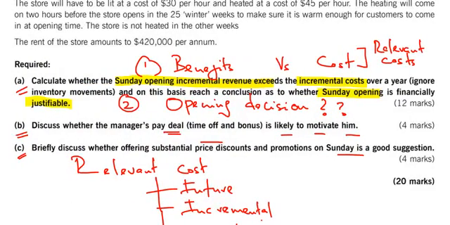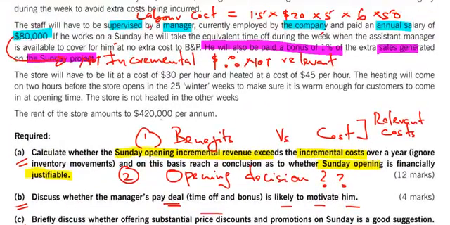Let's move on. Next paragraph. The store will have to be lit at a cost of $30 per hour. So we have lighting cost, $30 per hour, and heated. So we have heating costs and lighting costs. But there's something else on heating. The heating will be up for 25 winter weeks and will come on 2 hours before the store opens.